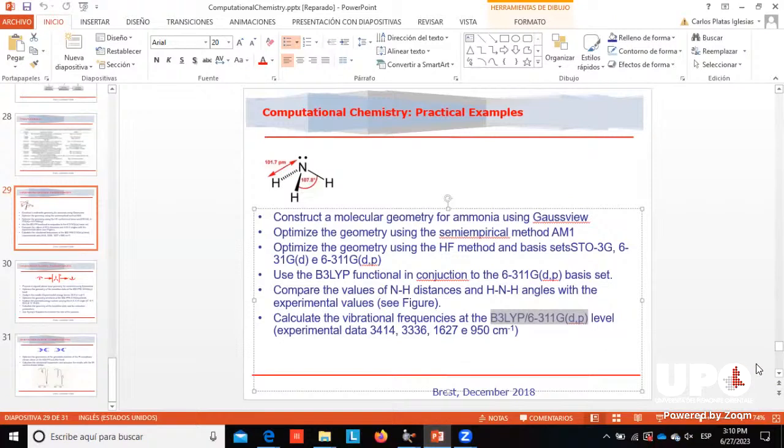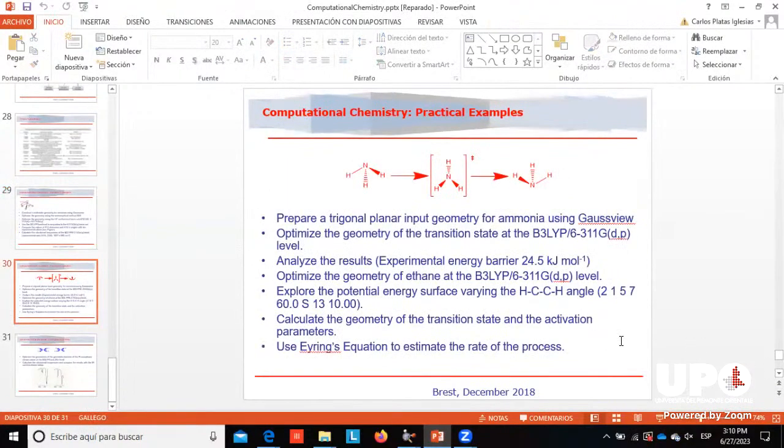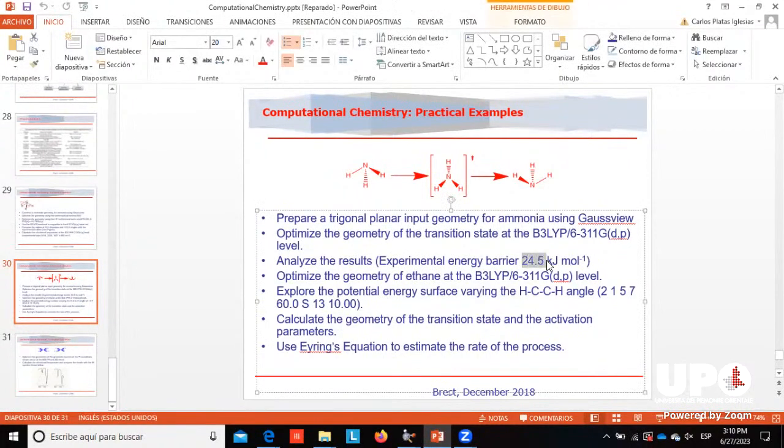I think in the next slide, I have the experimental energy barrier. It's 24. So we are a bit far, huh? But this is expected.